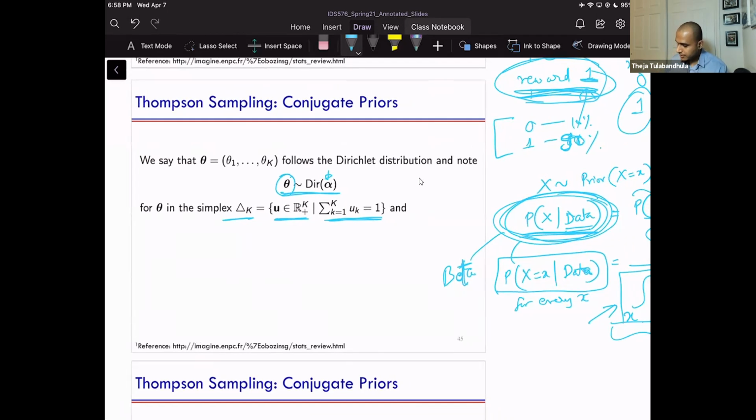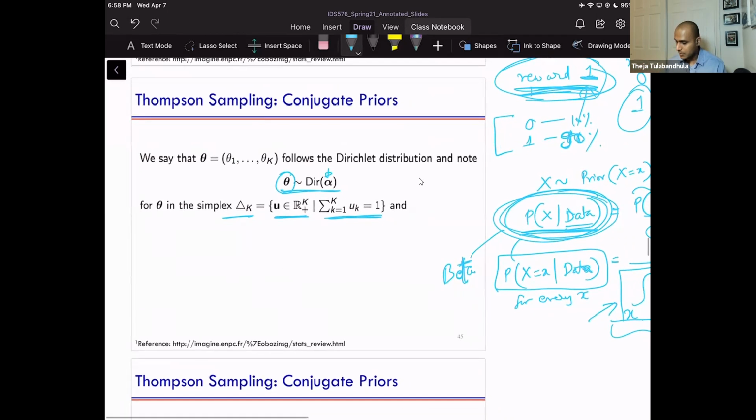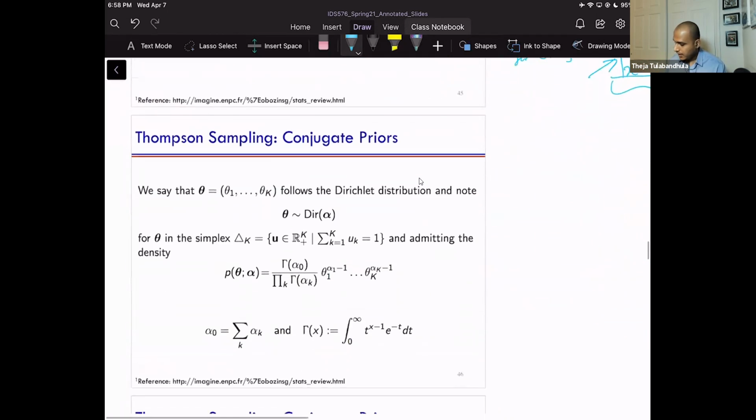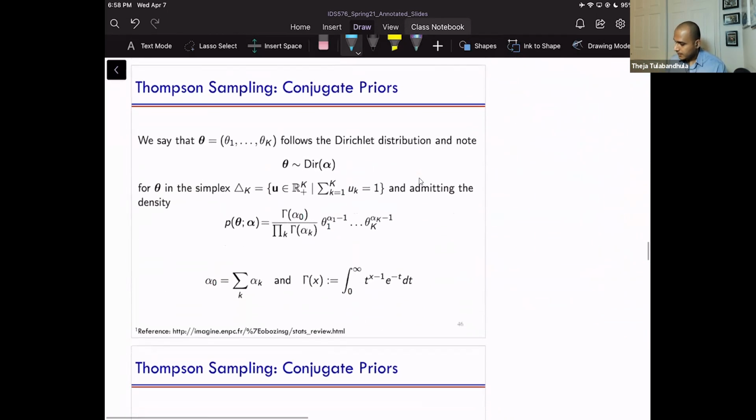So given the Dirichlet distribution, there's an explicit expression for the distribution function. Theta is the random variable here. The distribution function for any given theta, or any given x, is this very complicated looking expression.